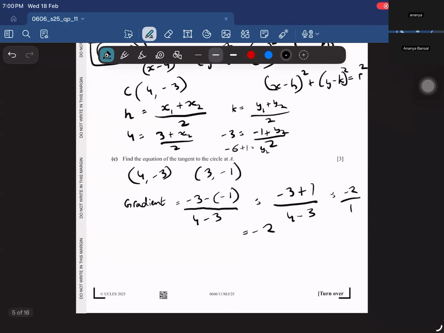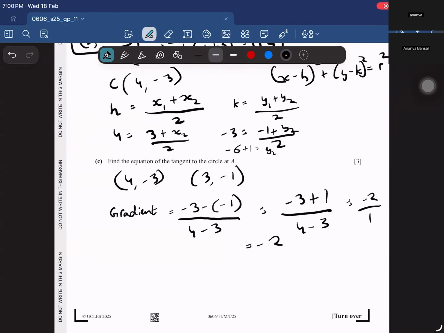So for the gradient of the tangent, we have the circle, this is the radius at point A, and we need to find the equation of the tangent. This tangent is perpendicular to the radius.